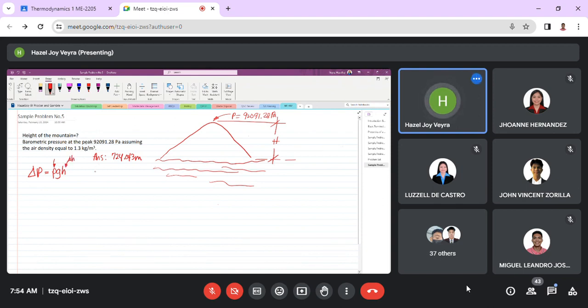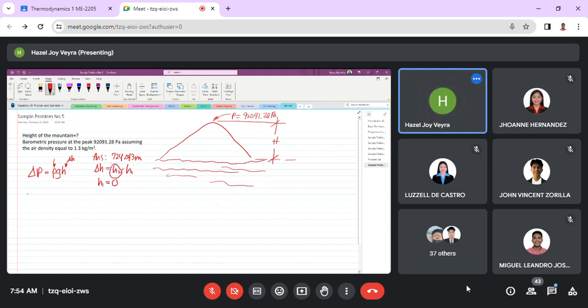Meaning delta h is h2 minus h1. Since in the problem we're looking for the height of the mountain from sea level, meaning your h1 is what? Your h1 is 0. And we are looking for h2.